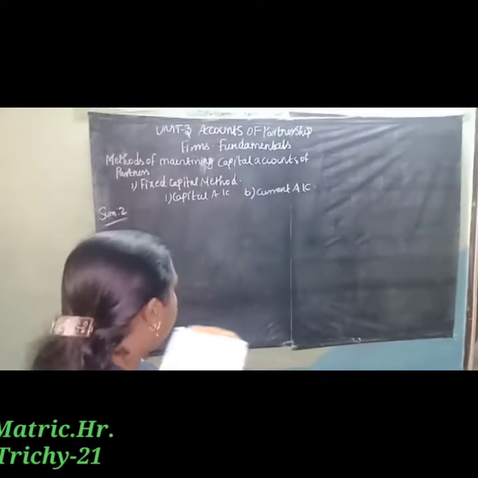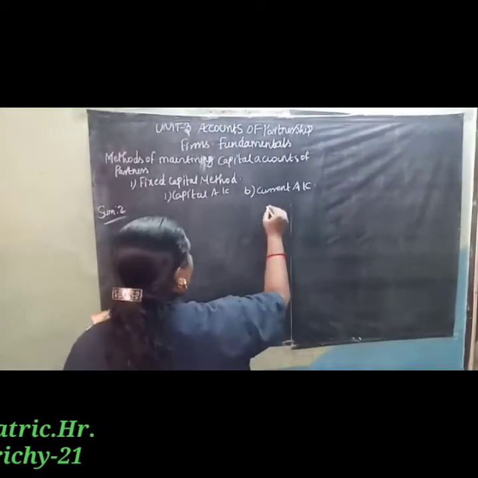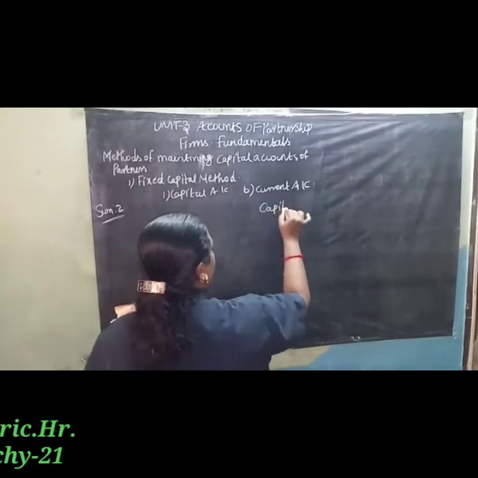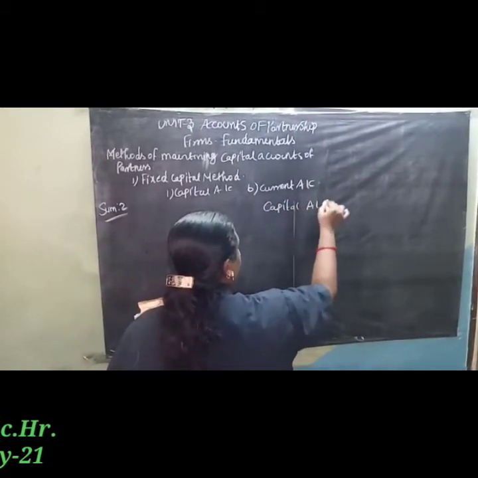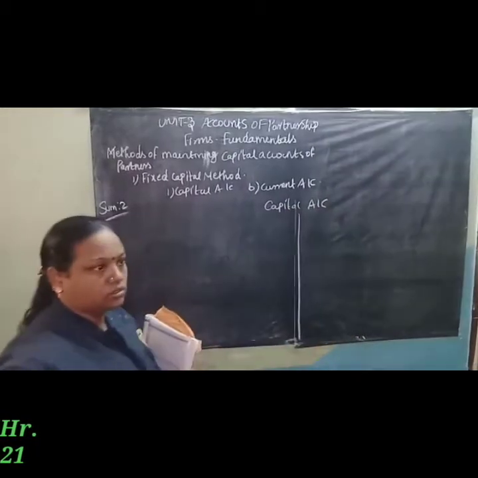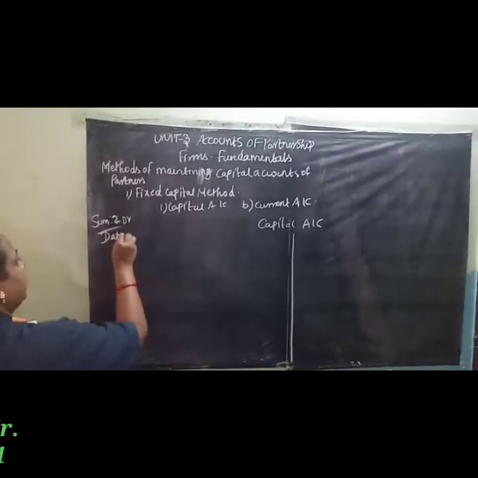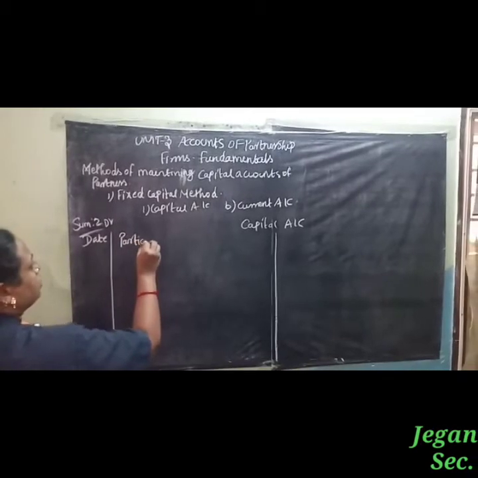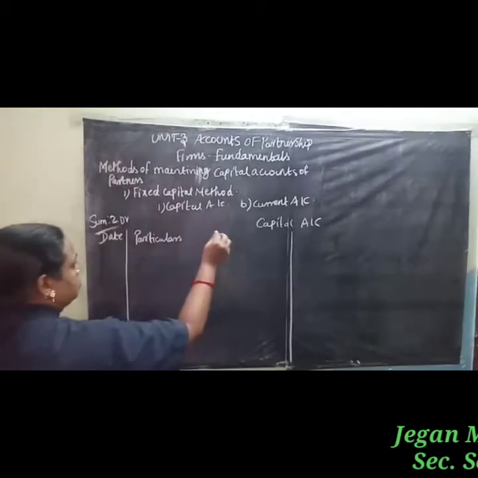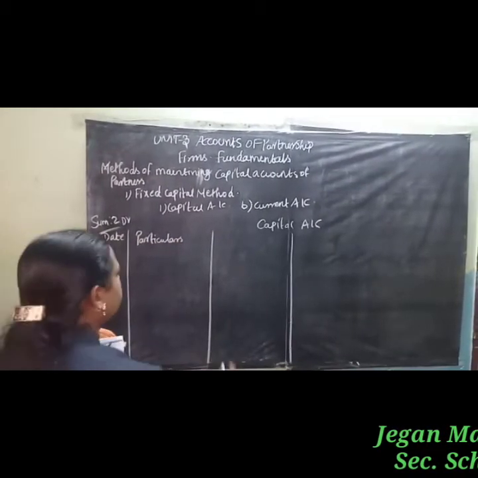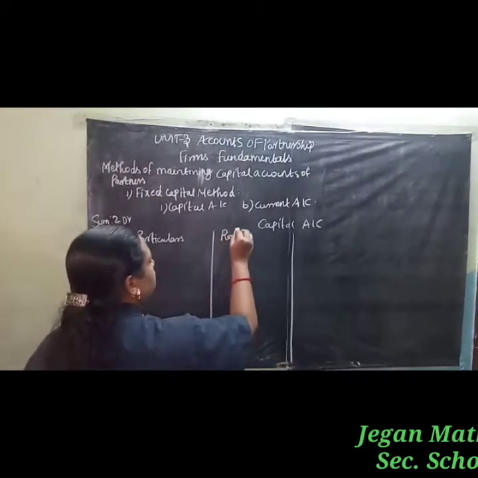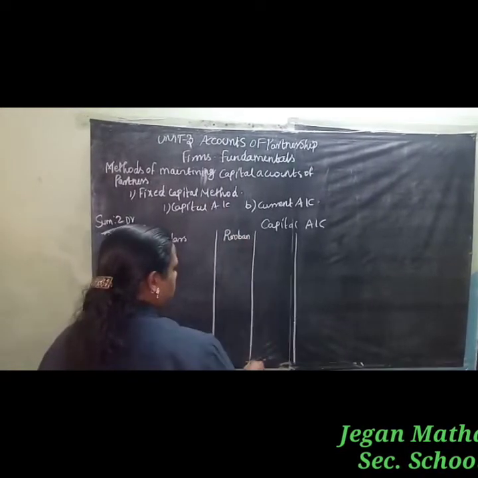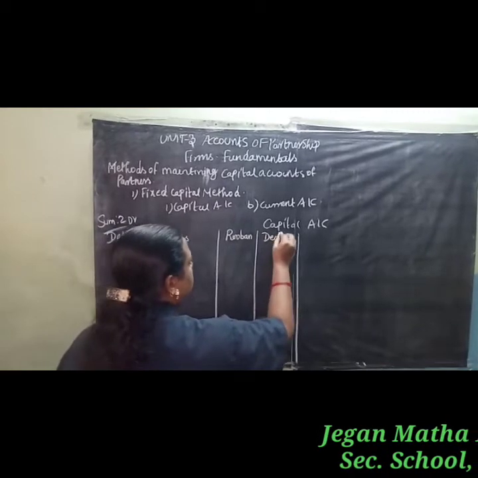So we have to prepare the partners' capital account first. Date, particulars, partners' names Reuben and Derry on the debit side.